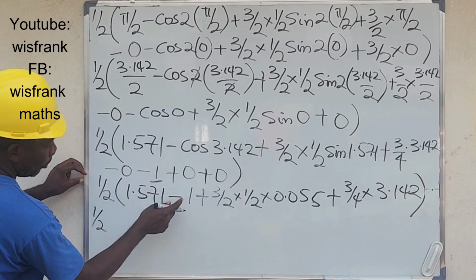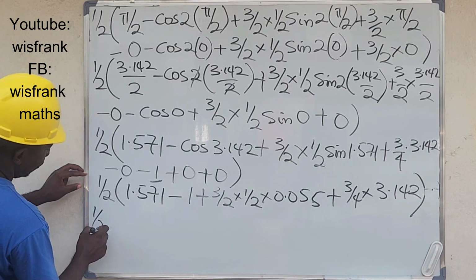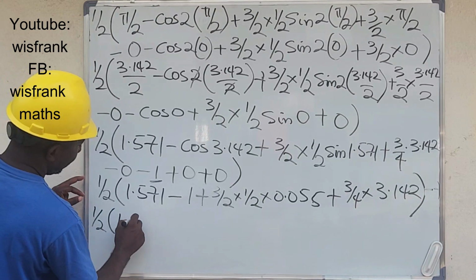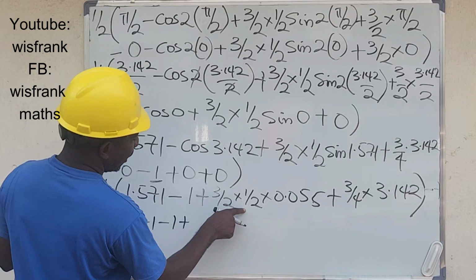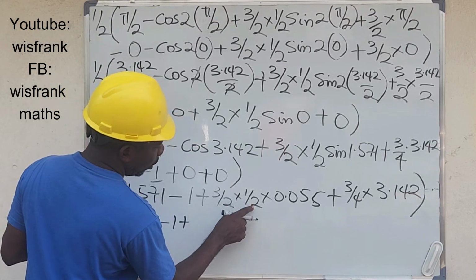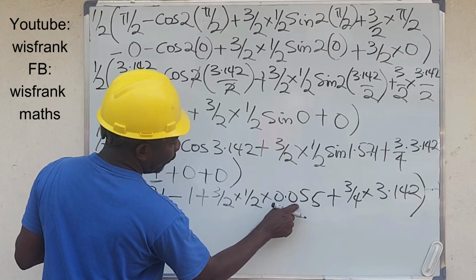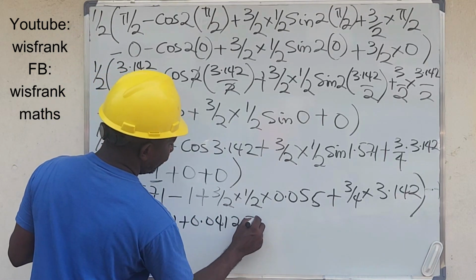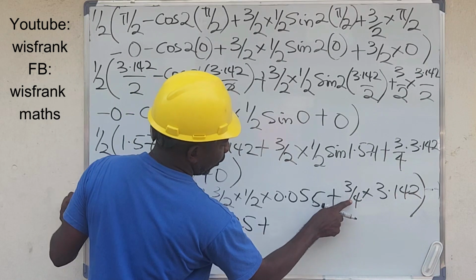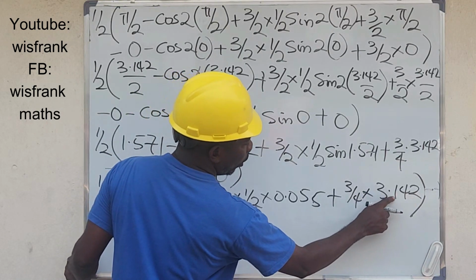1 all over 2 into 1.571 minus 1 plus, when we punch our calculator, 3 all over 2 times 1 all over 2 times 0.055 will give us 0.04125. Then this other one, we have plus 3 all over 4 times 3.142.